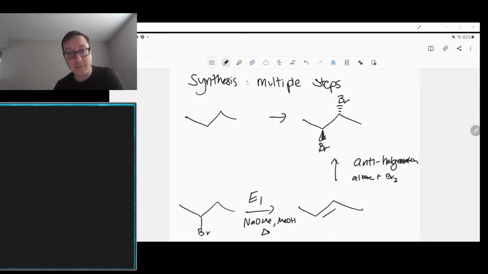That is going to end up eliminating our halogen. And now we have to think, how do we halogenate this? How do we go from our starting material to this alkyl halide? Thankfully this one we do know. We just do radical halogenation of our alkane, and then we can do all this sort of fun stuff.